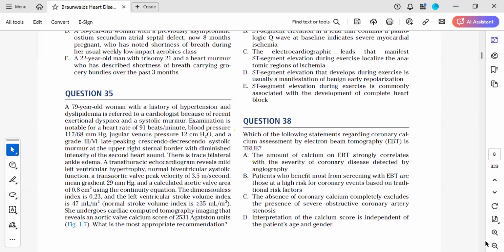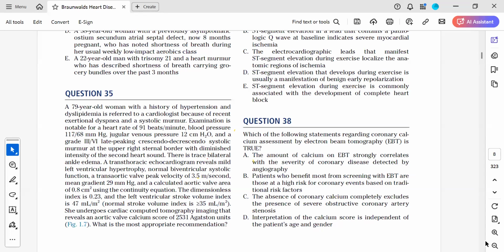Then, usually in the parasternal long axis view, we measure the left ventricular outflow tract diameter, and in some echo machines the AVA via VTI is measured automatically.